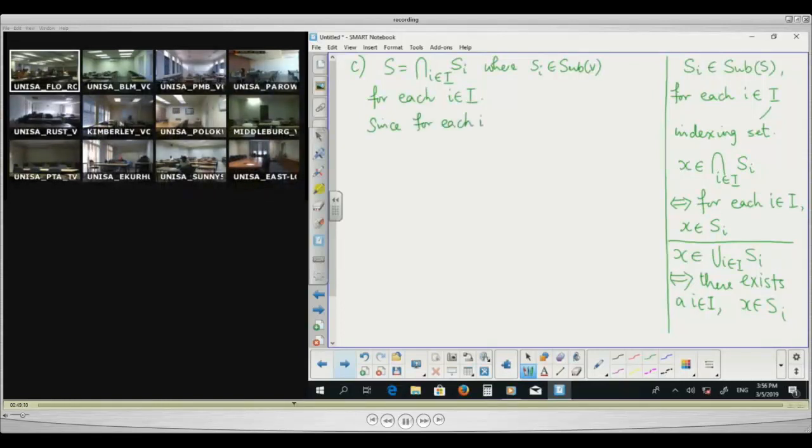Same argument. Similar. It will be in the intersection. What is in the intersection? Something is in the intersection if it belongs to every one of them. But the zero vector in this case is in every one of these S_i. So therefore it's there.